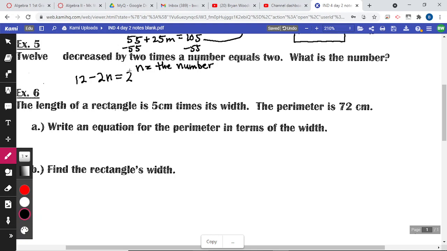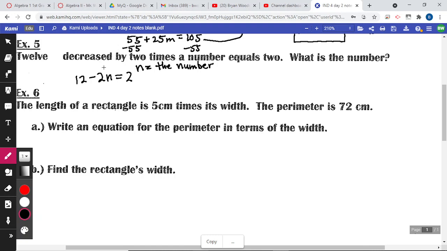I want to pause a second just to talk about the words that refer to operations. Decreased refers to subtraction. You might have "fewer than" as another way to refer to subtraction. You have words like "in addition to", or you have "sum" for addition.